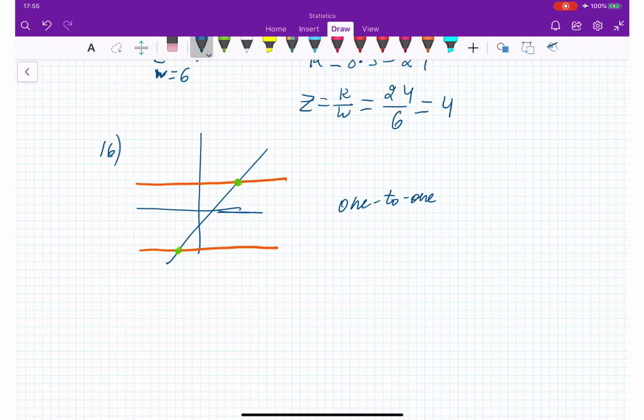Number 17. Okay, we have the following graph. Is this 1 to 1 function? Absolutely not. You know why? Because if I provide horizontal line, it's crossing at this point and this point. Therefore, it's not 1 to 1.